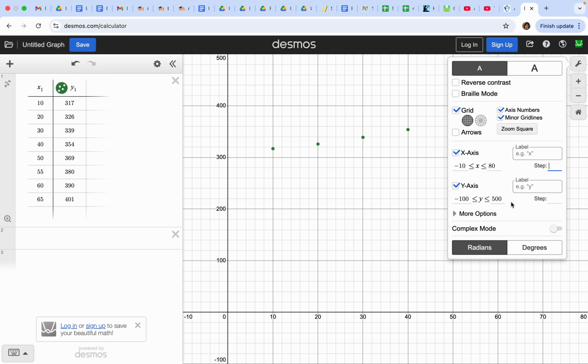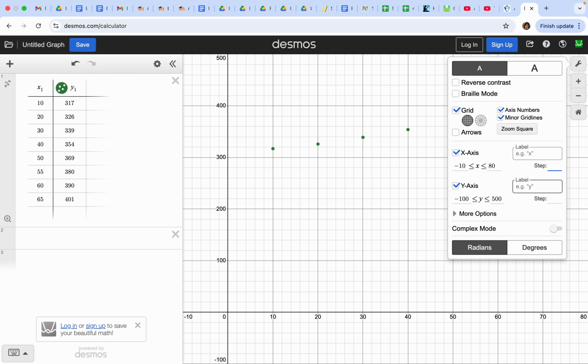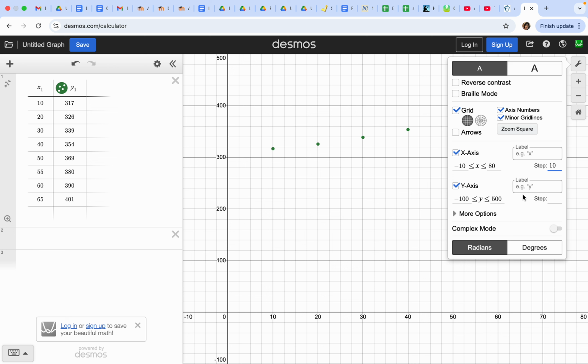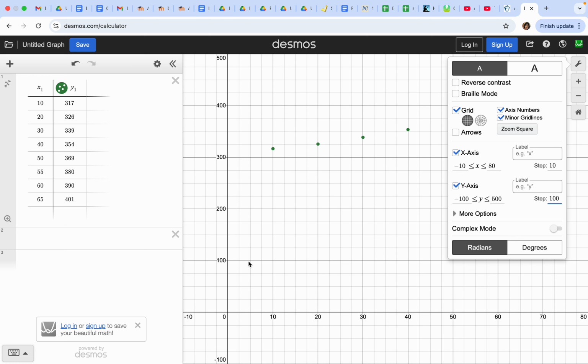If I wanted to change the steps to 5, I can change that, but I think 10 is absolutely okay for this data set. For my Y axis, I made it go from -100 to 500, and the steps are by hundreds. You could change the steps to be by 25, it doesn't really matter, so let's just leave them by 100.